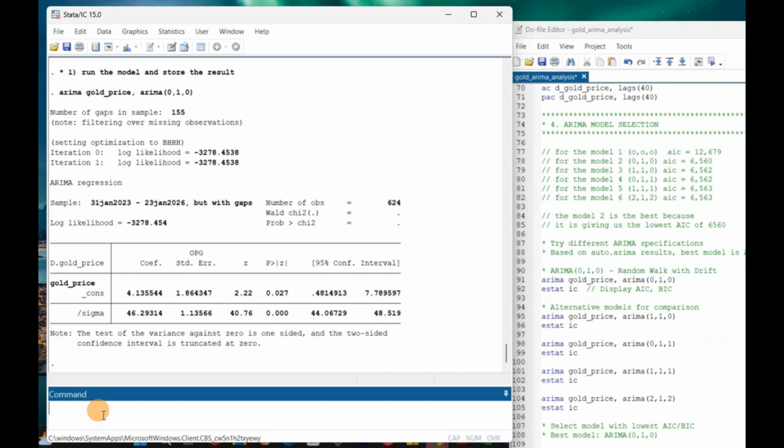Then just copy your mean, the mean which is here, and put it in the bracket. We want to plot our mean for the summary of errors. Enter. You'll be having your line.